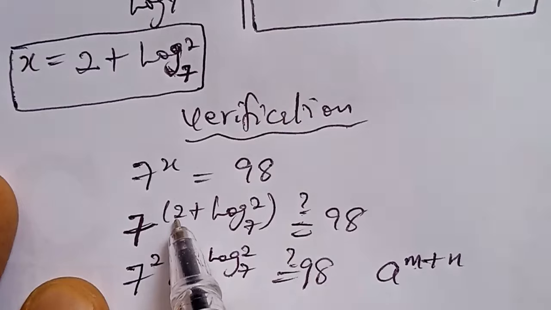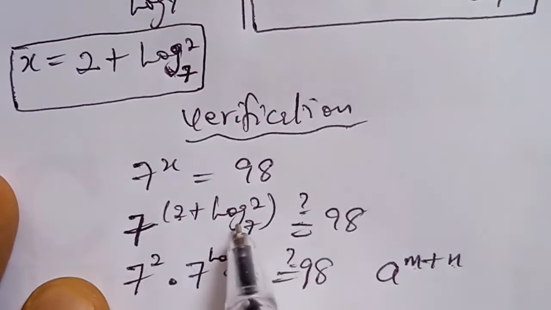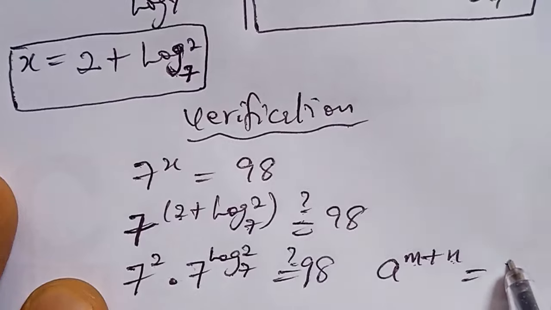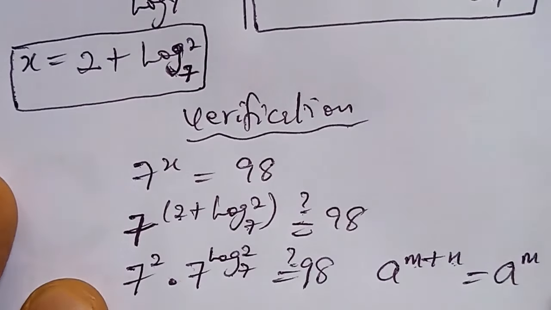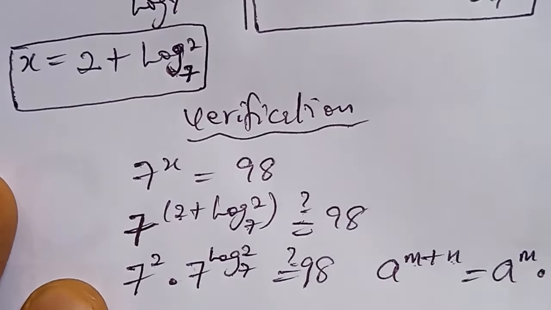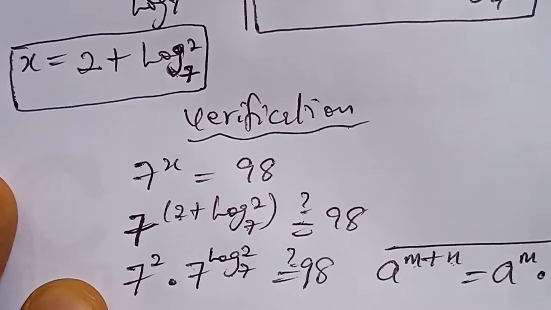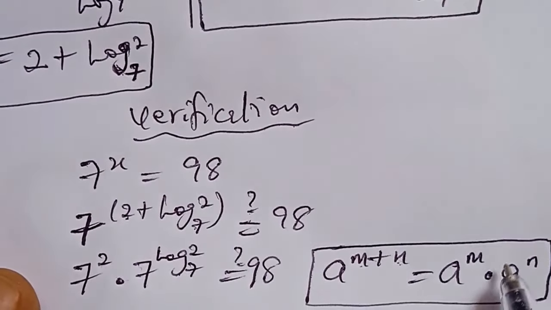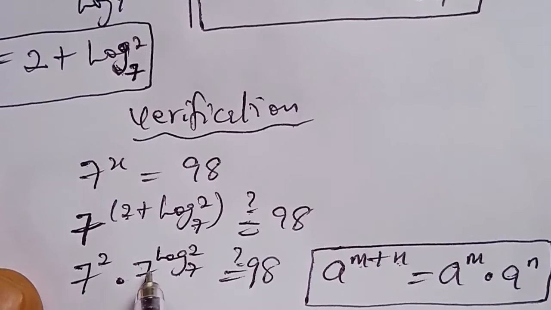So m here will be this 2, then n here will be log 2 base of 7. So it can be written in the form of a to the power of m multiplied by a to the power of n. So we simplify that to this form of the identity. That's why we have this step.